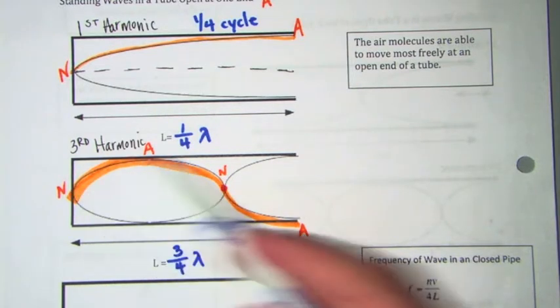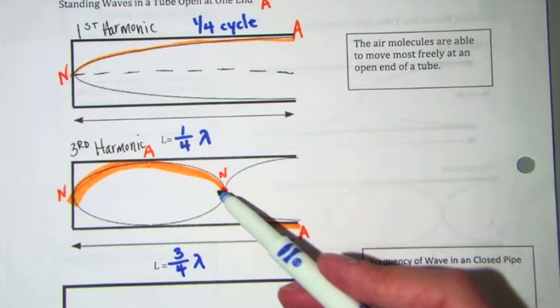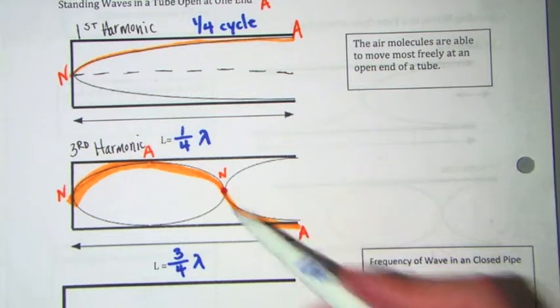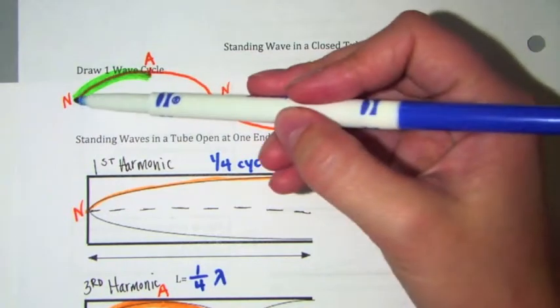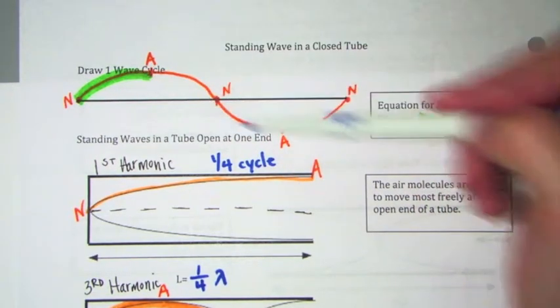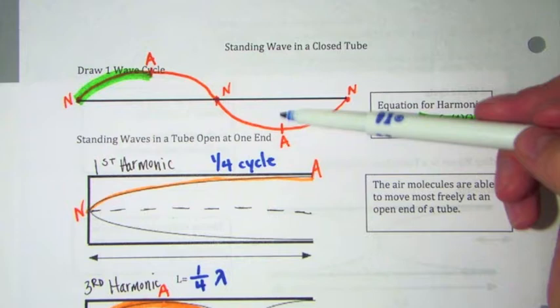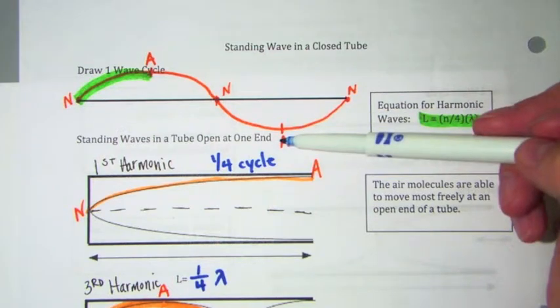Okay, we have one crest, which is half of a wave, and then half of a trough. Okay, if you look at the wave at the top of your page, I went from node, antinode, node, to antinode right here. And this is where I stopped. So I only have 3/4 of a wave. Okay?